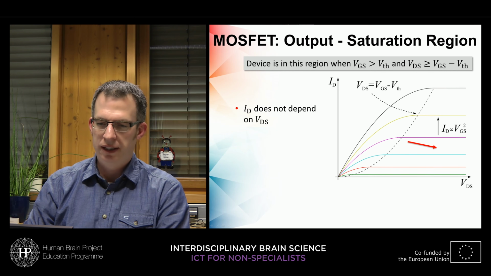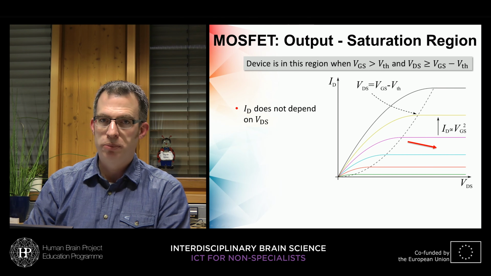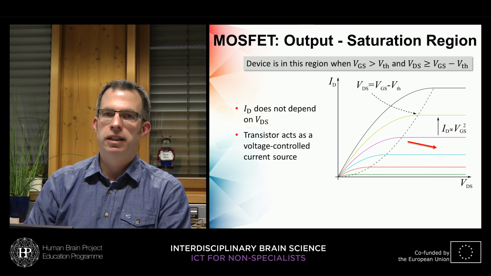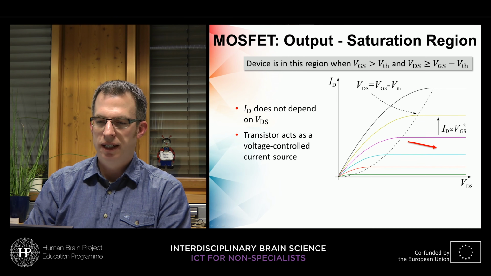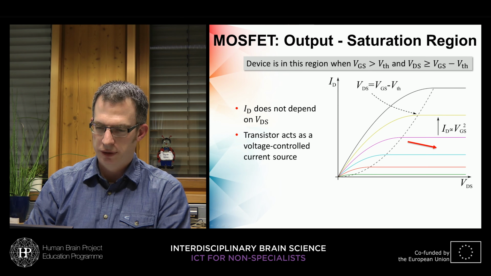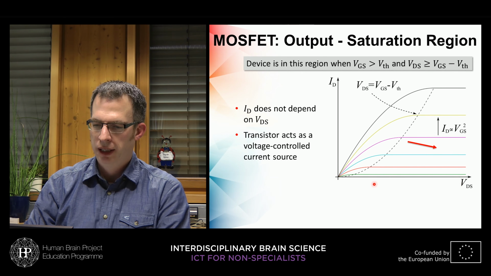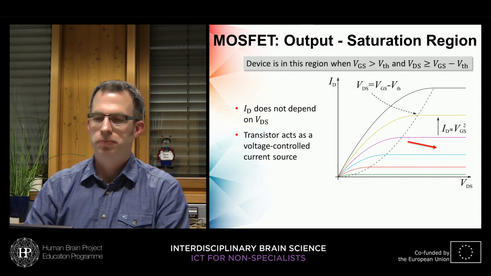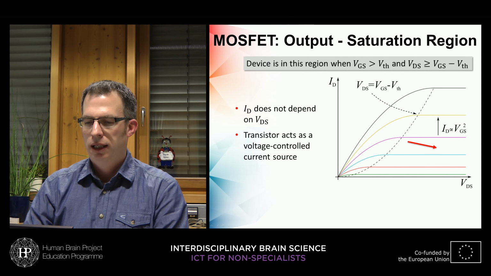So what I already said is that the drain current does not depend on VDS. So effectively the transistor acts as a voltage controlled current source. So it supplies a current regardless of the voltage across its terminals, which is only dependent on the input voltage. And this is very useful.